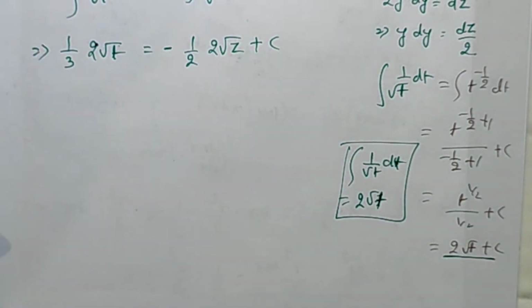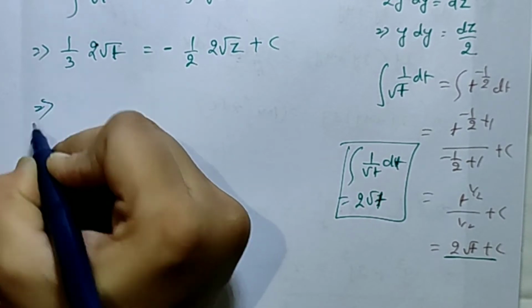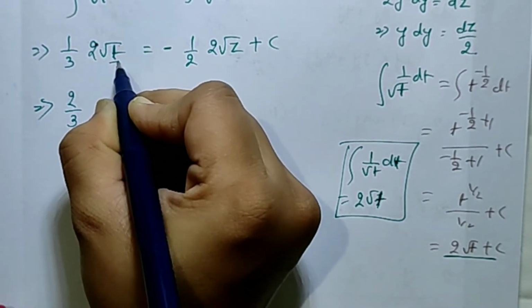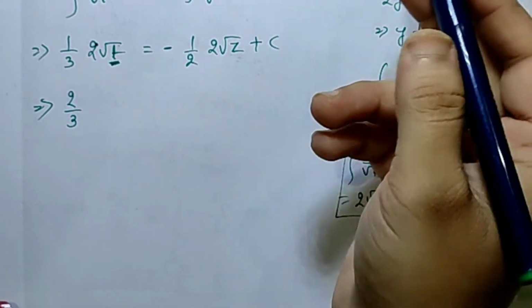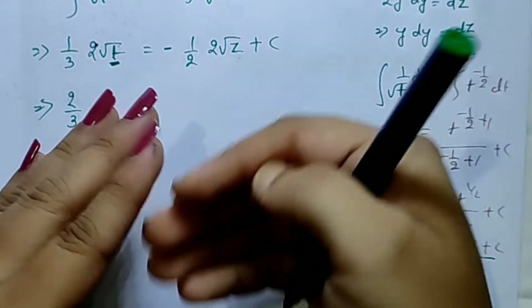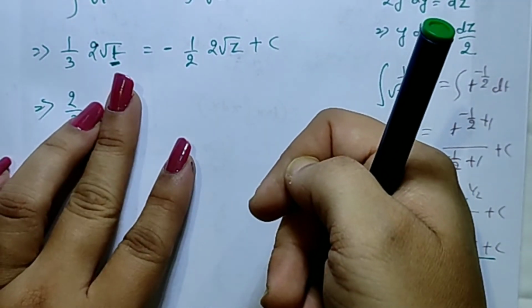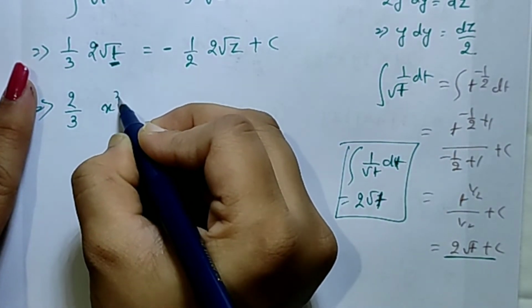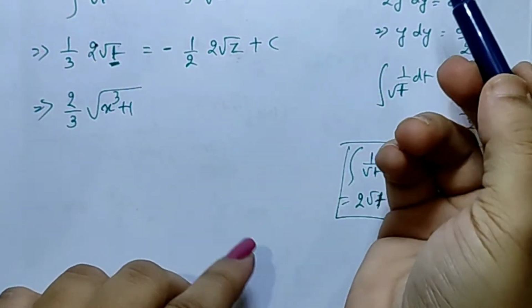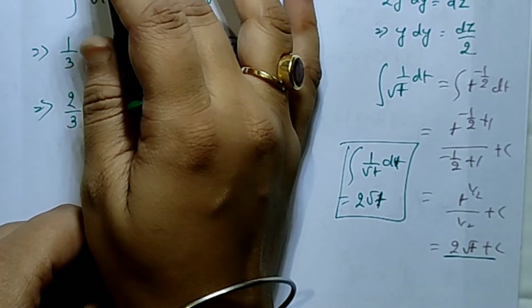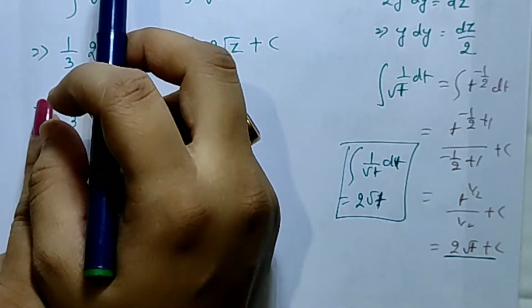Okay, next, this implies what I can write, 2 by 3, in place of t I can write x³ plus 1. We know when we substitute something we have to back substitute the function. So in place of t I can write root of x³ plus 1, because we just took it as t, but our question is on x and y variables, so our answer should be on x and y variables.